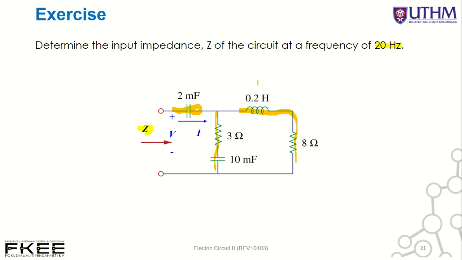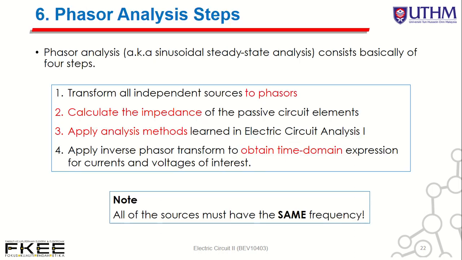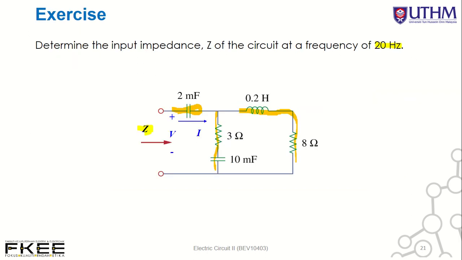Then Z3 is in parallel with Z2 and in series with Z1. So you can write Z1 plus, in bracket, Z2 in parallel with Z3, and then solve for the input impedance. Next subtopic. This one you can try on your own.